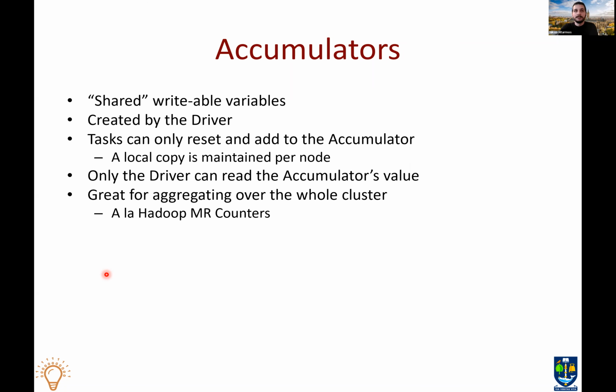So they can set it to 0 or they can add to it. And every now and then, when the executors communicate with the driver, or when the driver communicates with the executors, the driver can read the value and can aggregate the value over all copies of this value. Okay, so this is just like a Hadoop MapReduce counter.